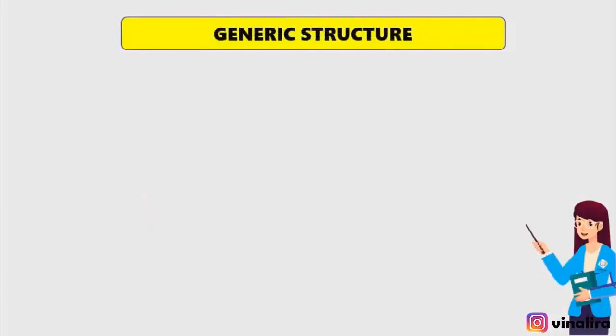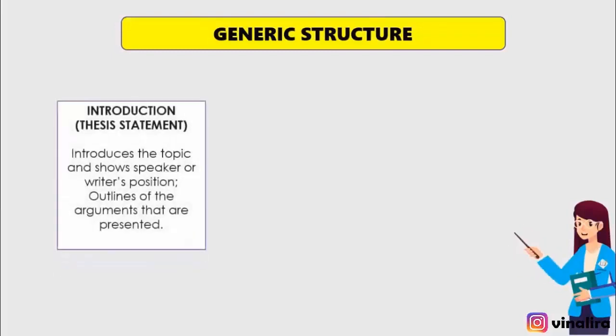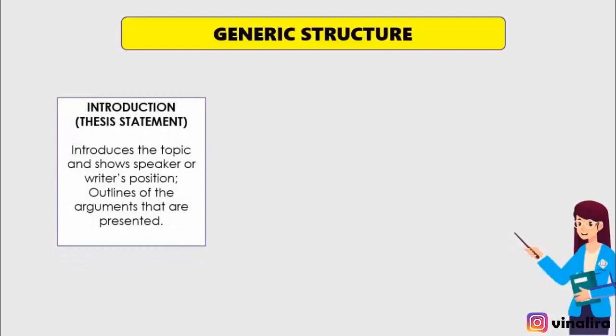As you have seen before, the generic structure is divided into 3 steps. The first one, introduction or thesis statement, introduces the topic and shows the speaker or writer position.